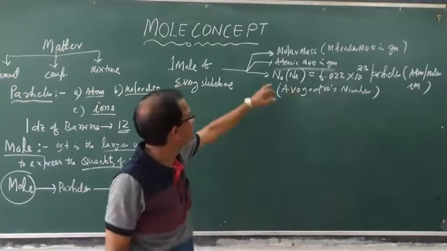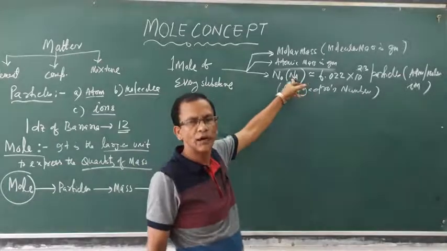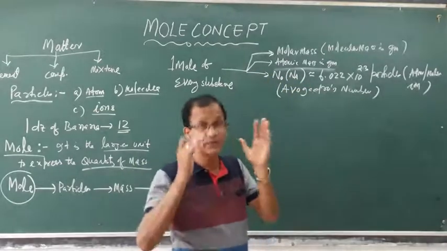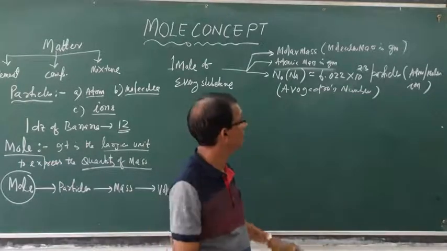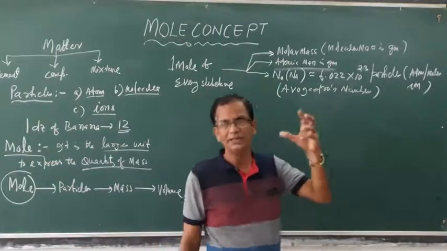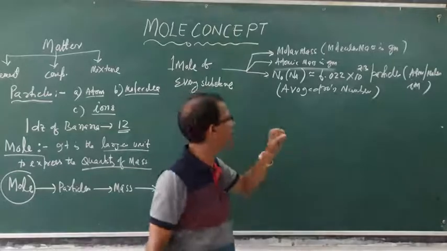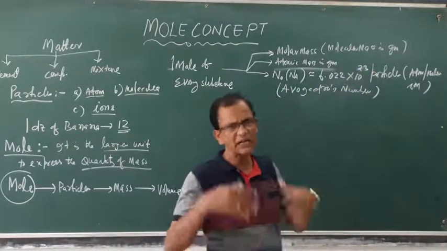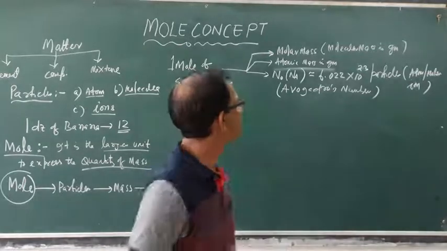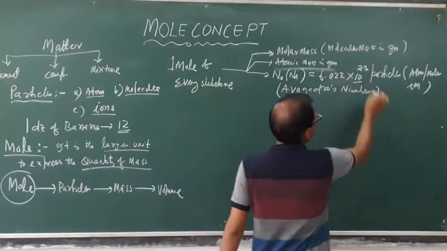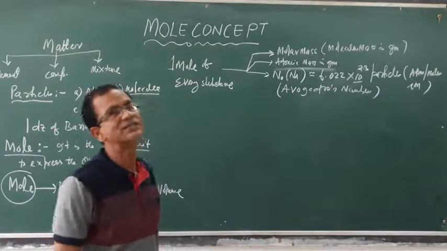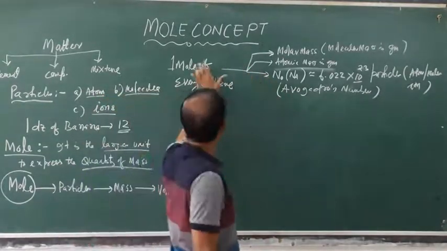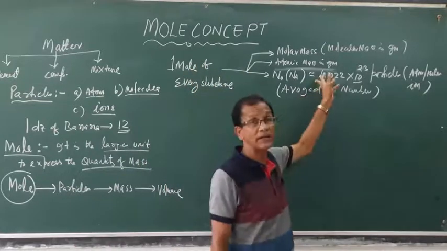This symbol N0 or NA is called Avogadro's number. What is the value? It is a very large number: 6.02 × 10^23. 1 mole contains this number of particles.